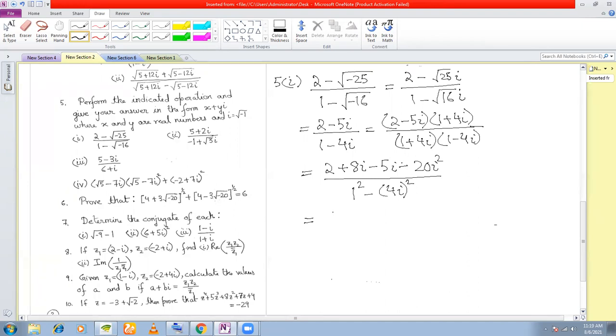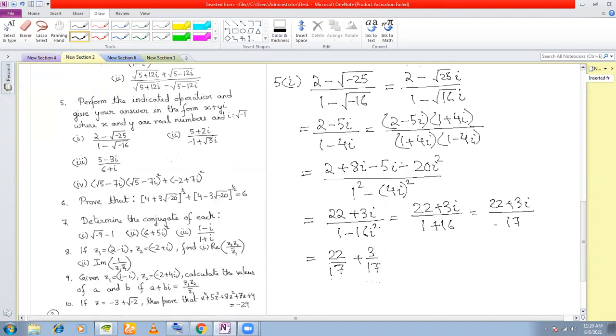So 20 and 2 add up to 22, and 8 minus 5 add up to 3, so 22 plus 3i divided by 1 minus 16i square. So this is 22 plus 3i divided by 1 plus 16, which is 17. So you have 22 by 17 plus 3 by 17i, which is of the form x plus yi.